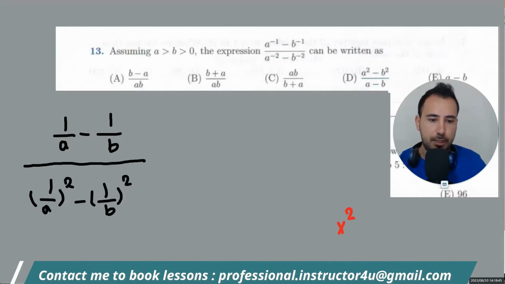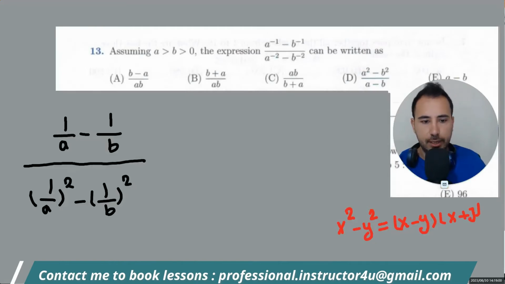x squared minus y squared is equal to x minus y multiplied by x plus y, right? Now in our case, 1 over A is x and 1 over B is y.